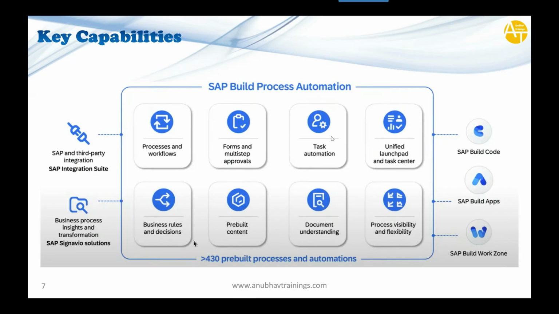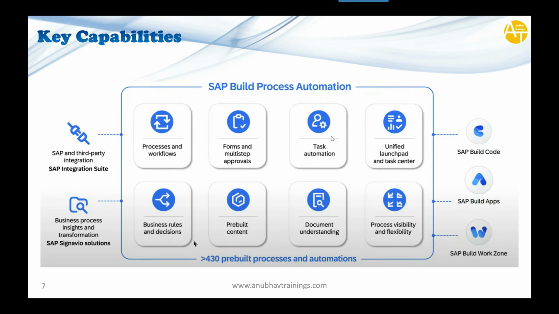inputs, create task automations to integrate desktop agent and robotic process automation to bring down manual effort, unified launchpad and task center, which you can use through the build work zone capabilities, process visibility and flexibility, where you can give beautiful dashboards for process owners to monitor, business rules and decisions, where you can determine the process agents, like whether it requires one level, two level, or multi level approval for a request, determining the workflow agents at runtime, and integrating with pre-built content.